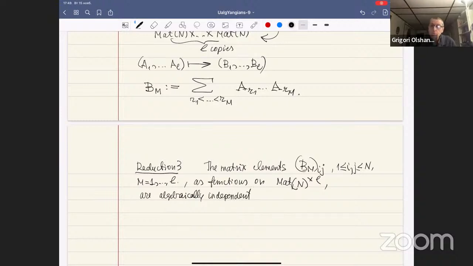If we prove this, we get our claim that monomials are linearly independent.